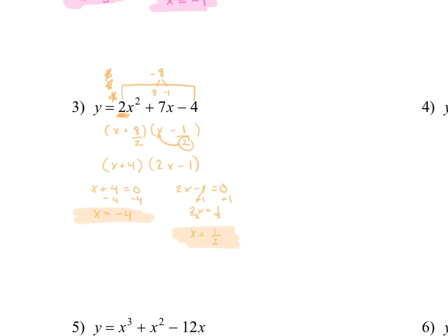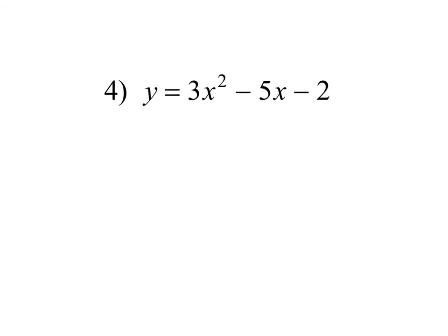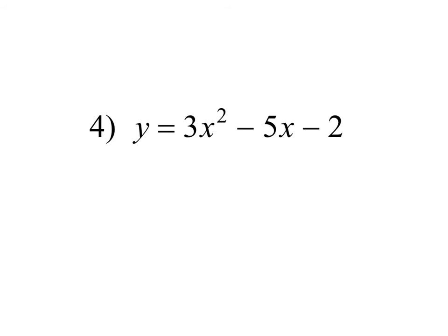All right, for number 4, again, we have a leading coefficient that's not 1, so what would we need to do first? 3 times negative 2, which would give us negative 6.